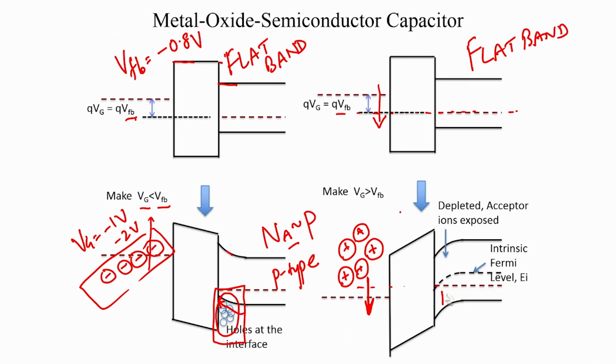Now, the electrons will not appear till EF minus EI goes greater than 0. So, what does that mean? We have also shown the intrinsic Fermi level. So, this is the Fermi level after doping.